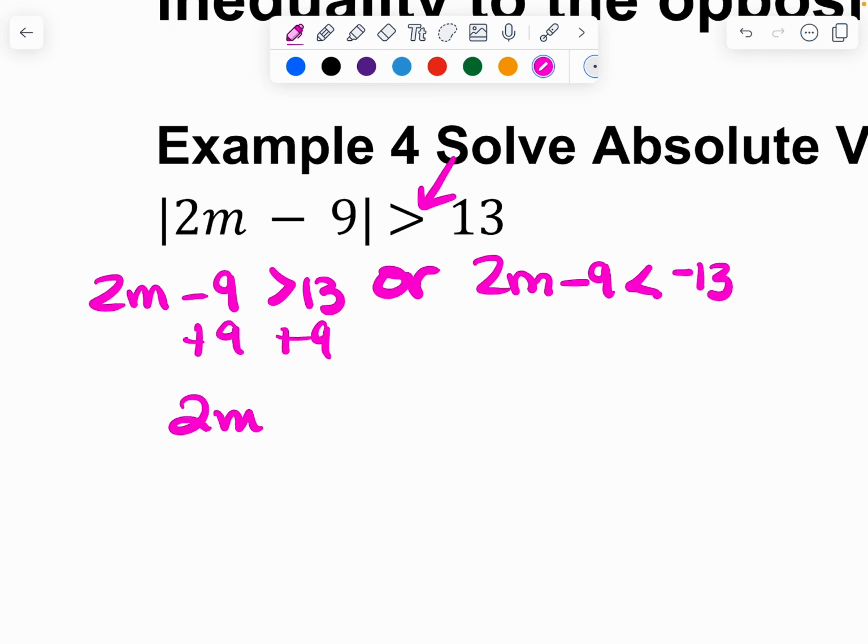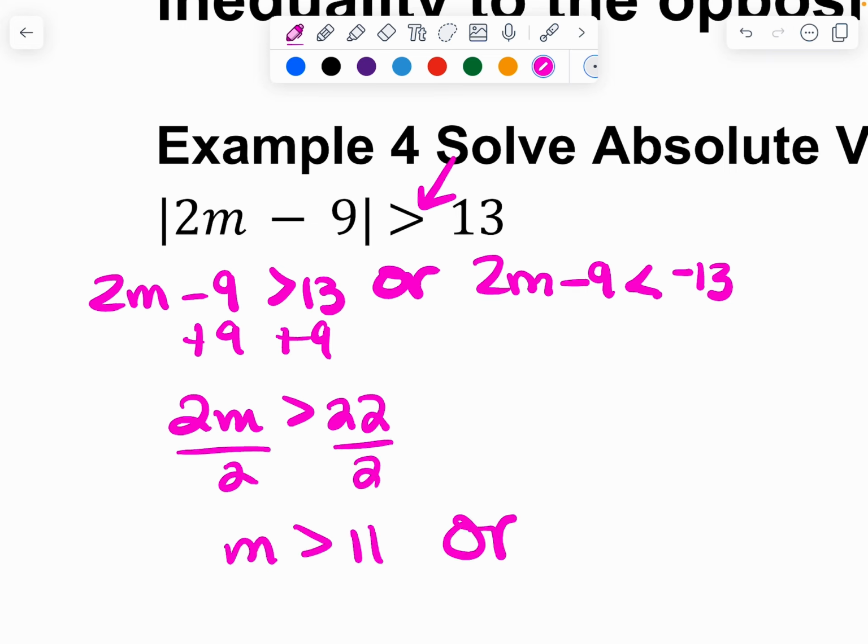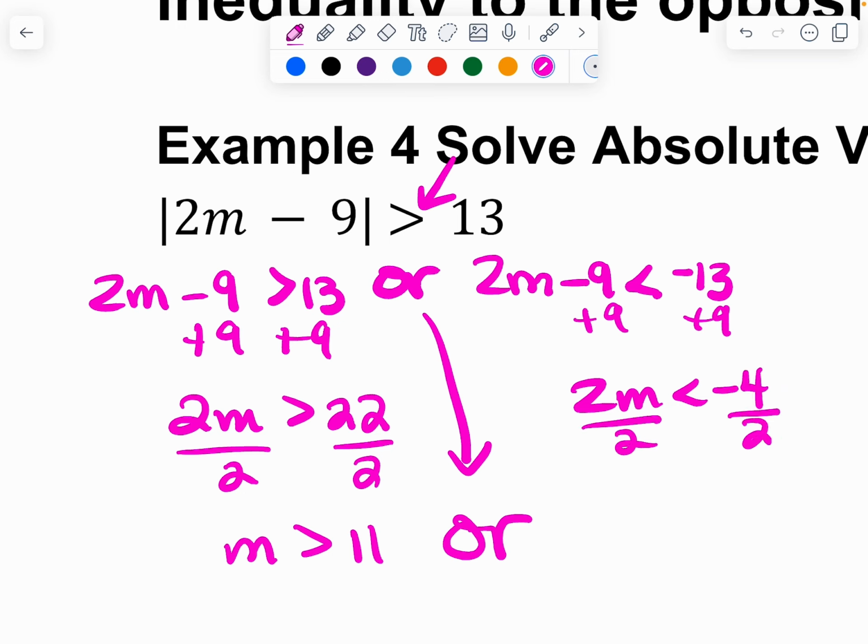I get 2m is greater than 22. I divide by 2 on both sides. I get m is greater than 11. Or I add 9 to both sides. I get 2m is less than negative 4. I divide by 2 on both sides. I get m is less than negative 2.